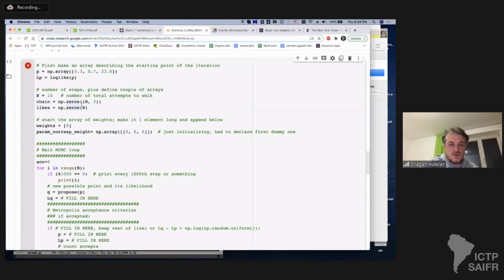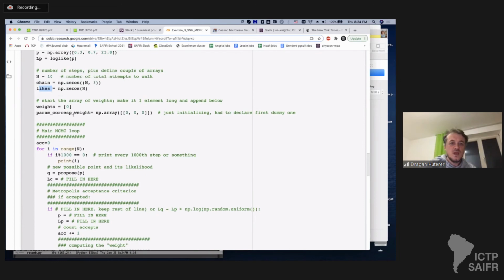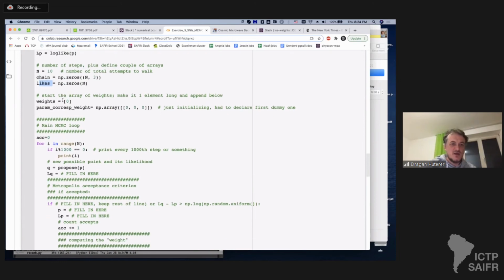I'm setting it up to be 0. So this is the values, 3-dimensional, of length n comma 3 for which parameter values. So these are parameter values, and then these are likelihoods corresponding to the n steps. So in this case, I'll only have 10 steps.